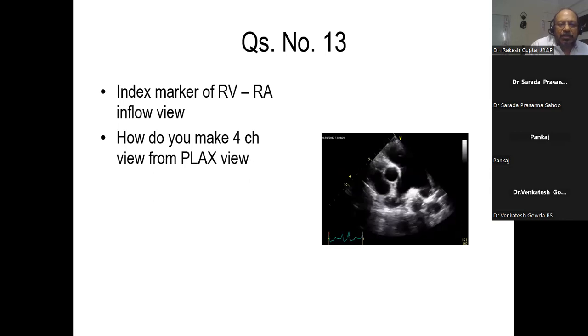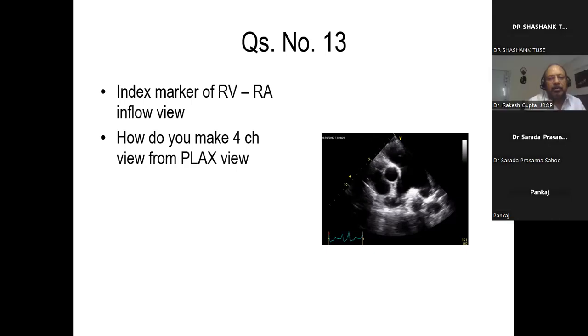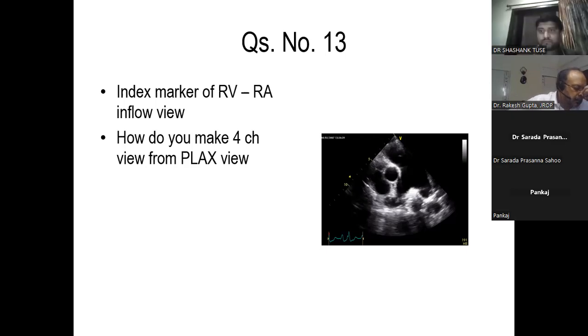Next question is for you. Index marker for RVRA inflow view. This short axis view at the level of aorta. Index marker at RVRA inflow view. At 1 or 2 o'clock position, sir.